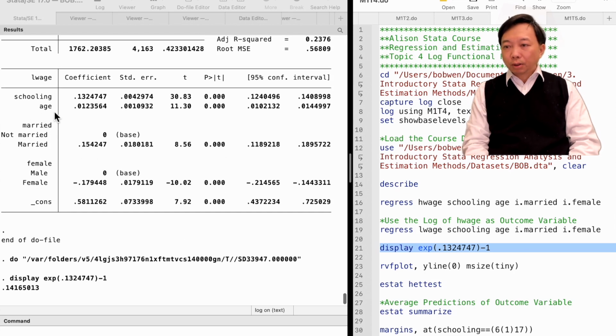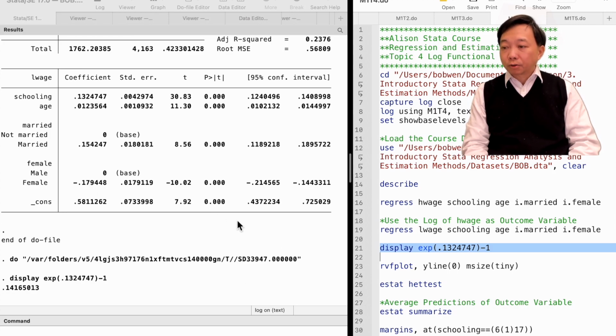As age increases by 1 year, the hourly wage increases by about 1%, holding other things equal. Married workers earn around 15.4% more than other workers on average, and female workers earn 18% less than male workers, holding other factors constant.